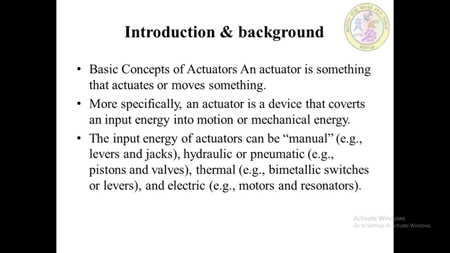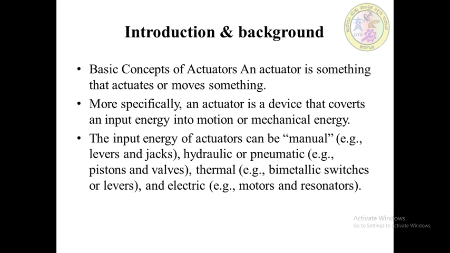The input energy of an actuator can be manual, pneumatic or hydraulic, sometimes thermal, and sometimes electrical. If we have a manual operation, we operate the devices through levers and jogs. That is an example of manual operation.